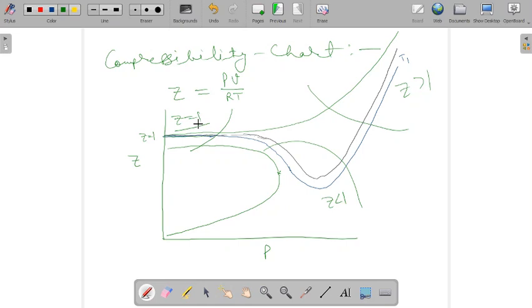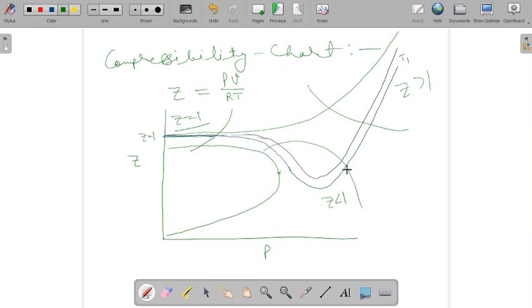If you keep on increasing the pressure at a given temperature, it means you are increasing the density of the gas and molecules are coming closer to each other. Once molecules have come in the vicinity of each other, they will try to attract each other. So in this zone, there will be attraction forces between the molecules.